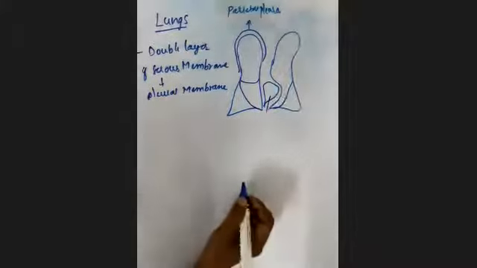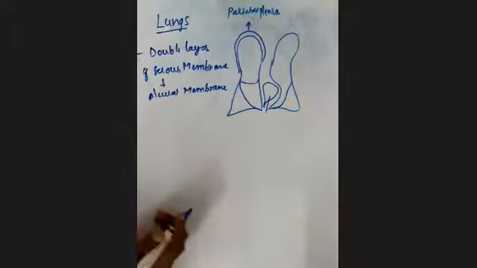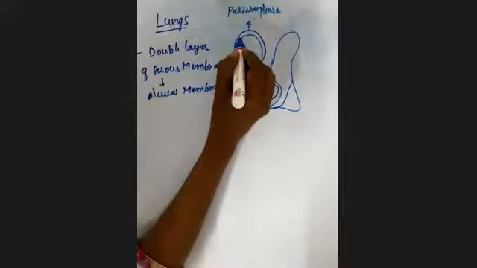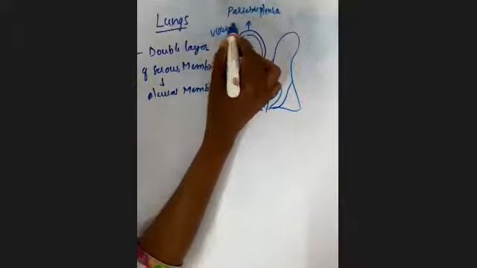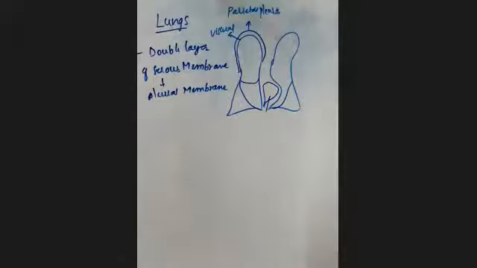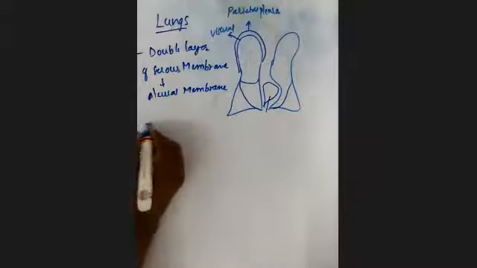This part is the parietal pleura, and the deeper layer is the visceral pleura. This is the double layer. Between these two layers, the space is known as the pleural cavity.